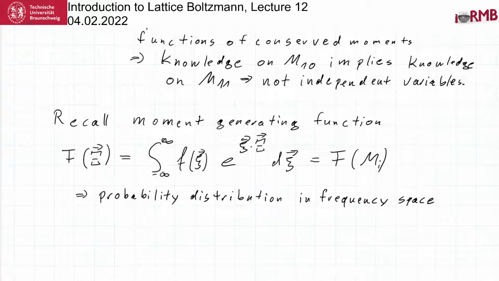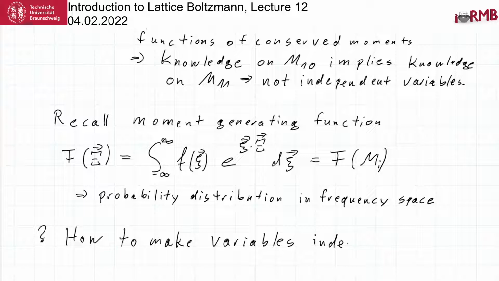So, okay, now this gives us the moments, but for the moments there is no control on their independence, yeah? So the question is how to make variables independent.